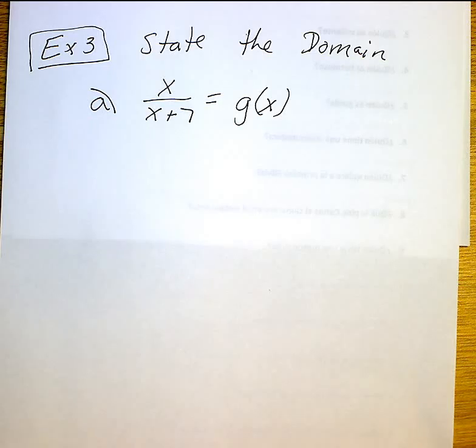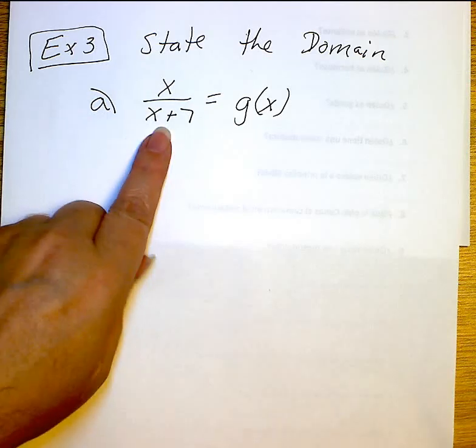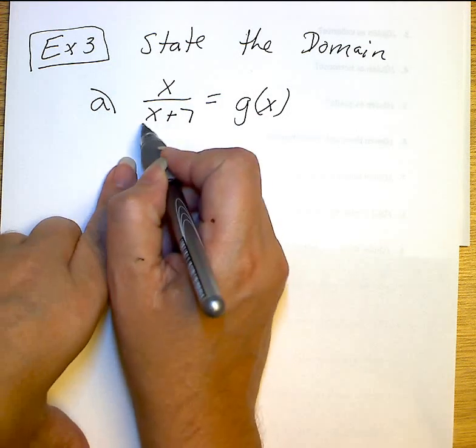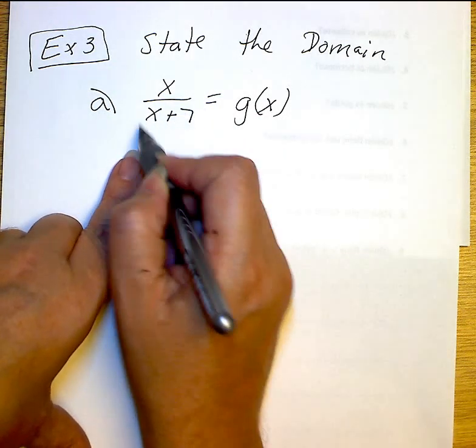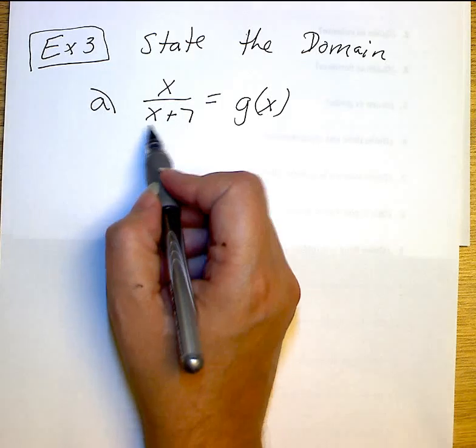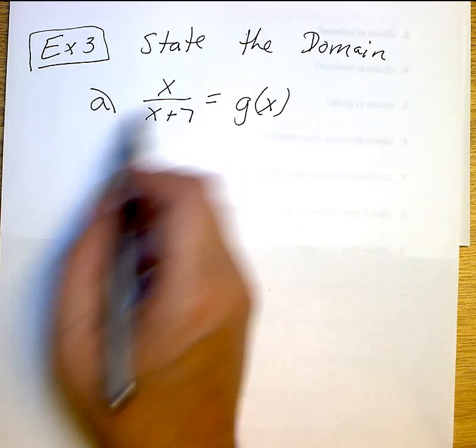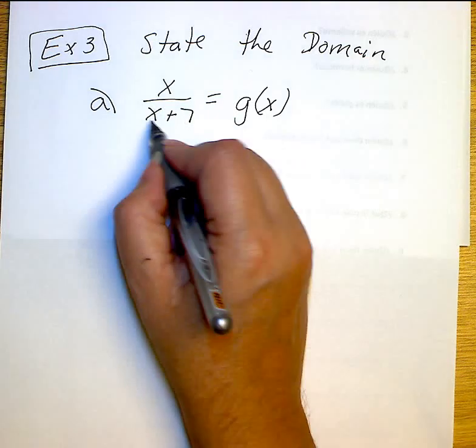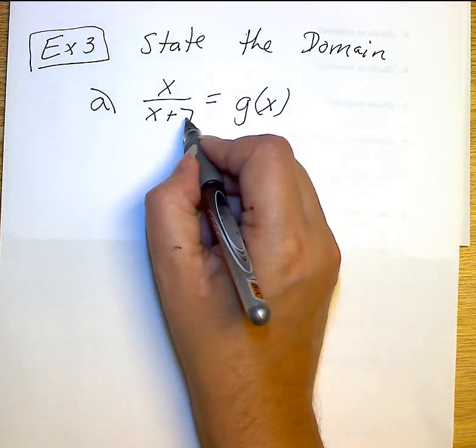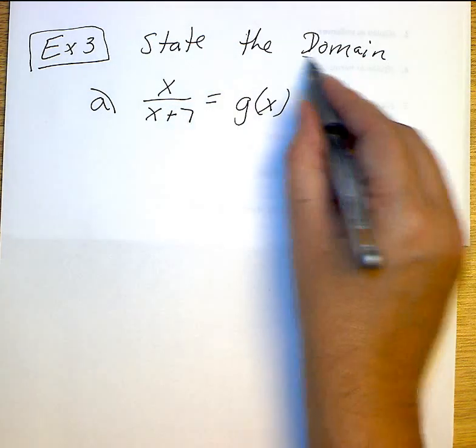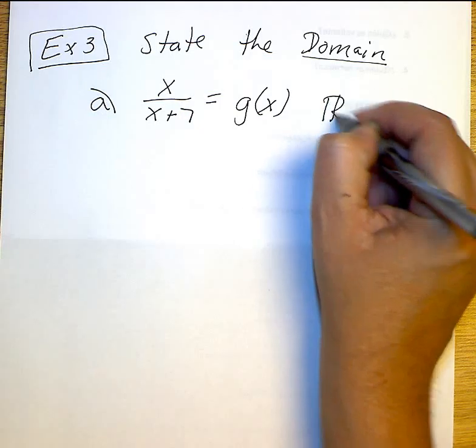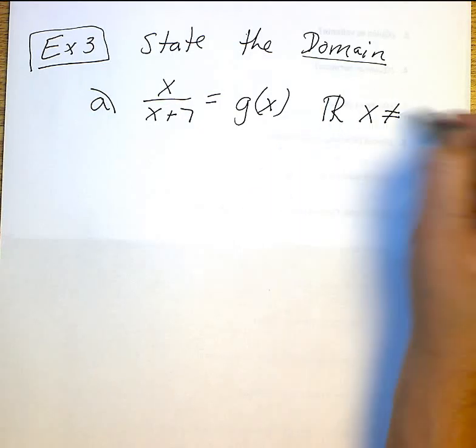You can't divide a number by 0. You cannot have 0 on the bottom. So you always are asking yourself, what would make this equal 0? What would x have to be to make this 0? -7. If it was -7 plus 7, that would be 0. So our domain would be all real numbers except x cannot equal -7.